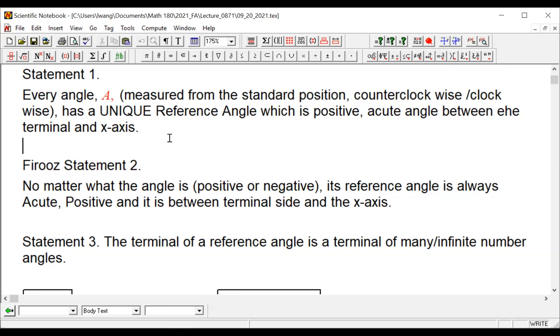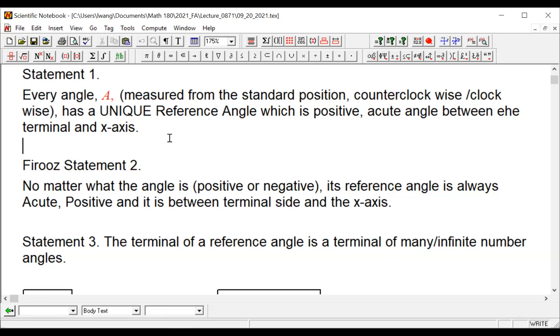No answer. Bodhi? Where's Bodhi? Where is everybody? Ola, can you read the first statement for us?